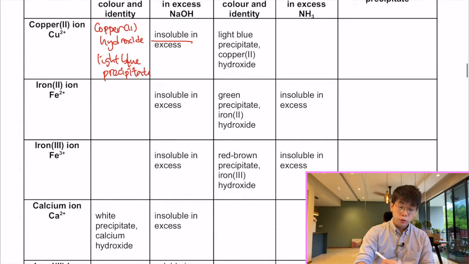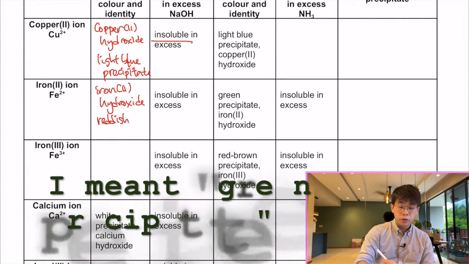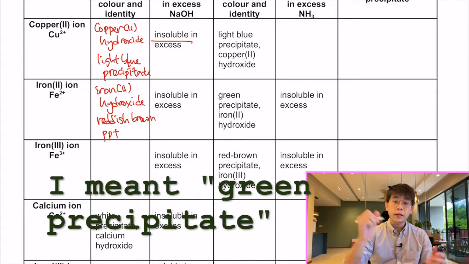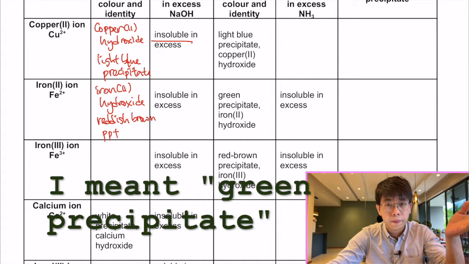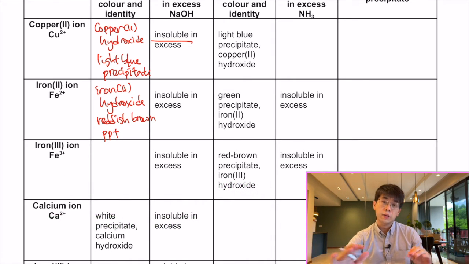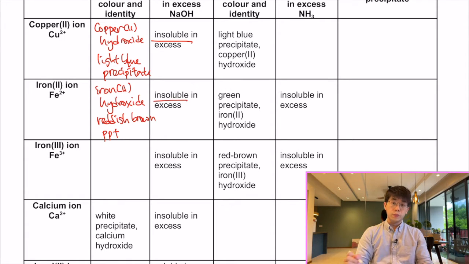Iron 2, you will form iron 2 hydroxide, which is what I mentioned just now. Iron 2 hydroxide is a basic hydroxide and will not react further with sodium hydroxide, and therefore is also insoluble in excess.